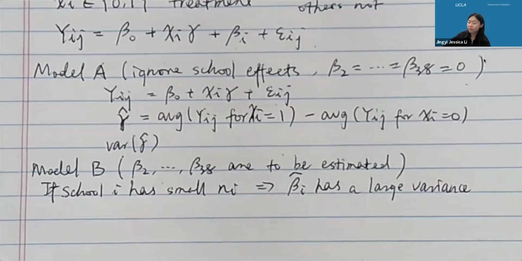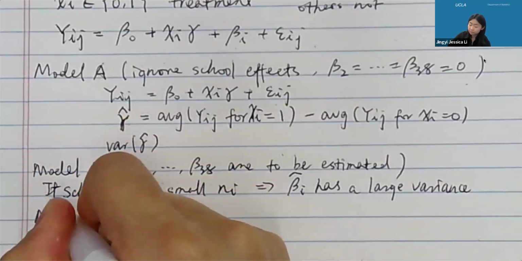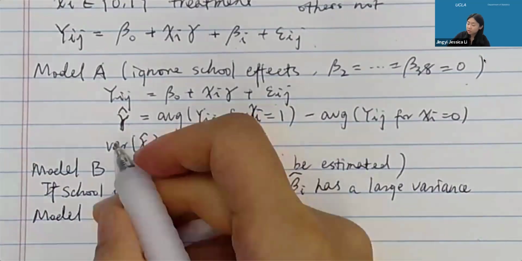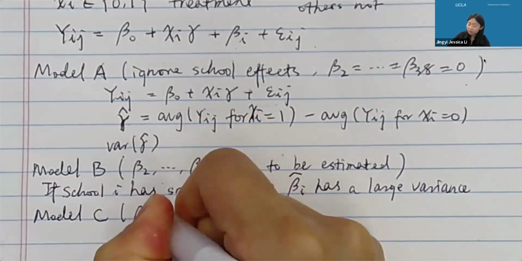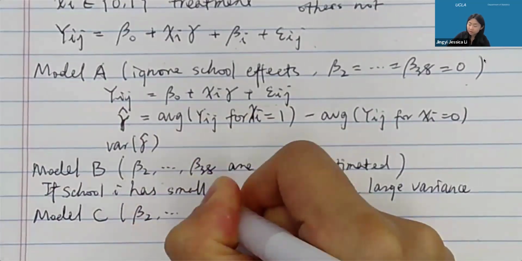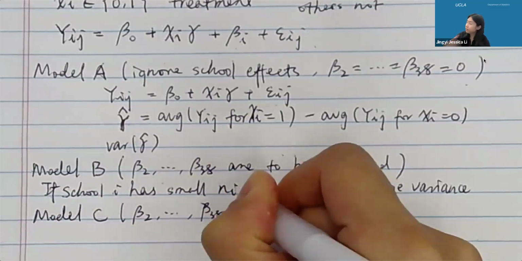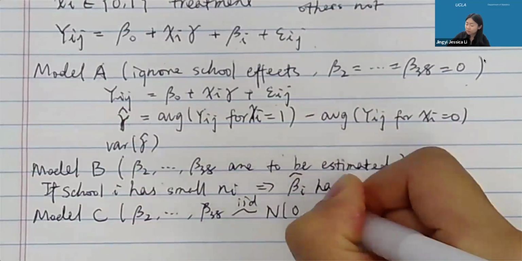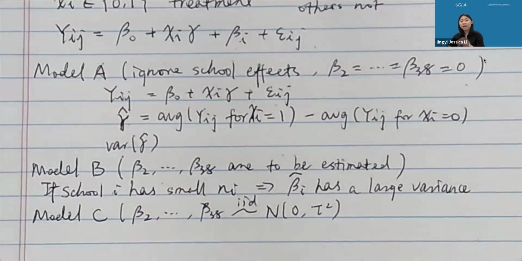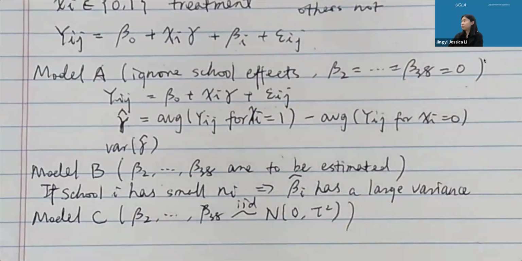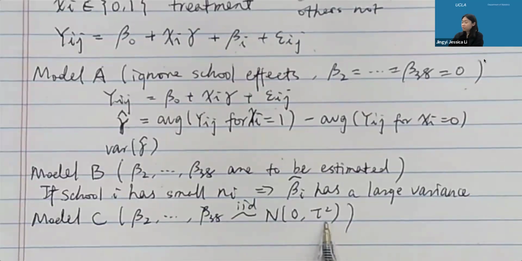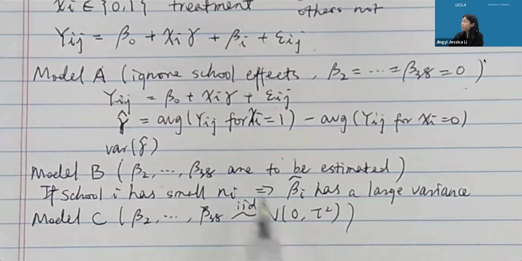And model 3, model C is the empirical Bayes one. Okay, so we just assume another layer, beta 2 to beta 38, as we did in the previous example. They are IID from a normal distribution with mean 0 and variance tau square. So then you are still pooling schools to estimate this tau square. But compared to model B, your number of parameters is reduced from 37 to 1 here.